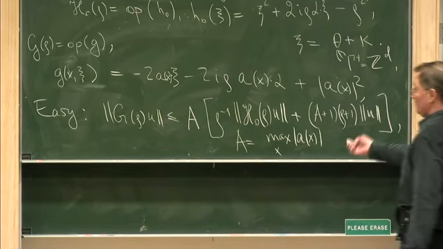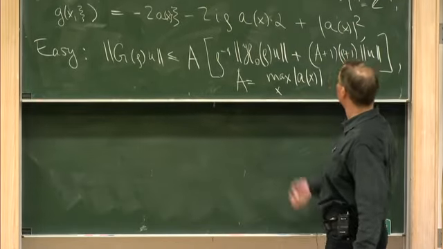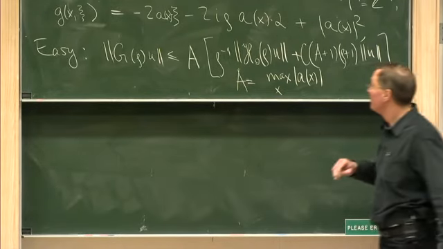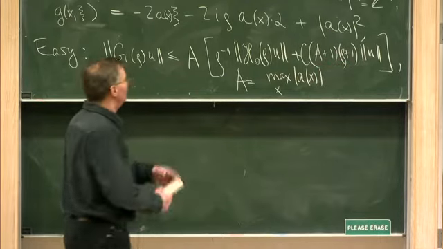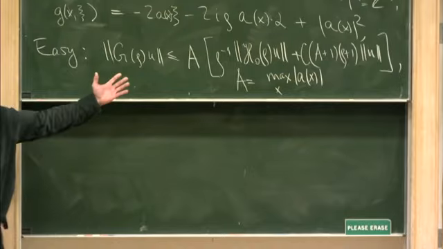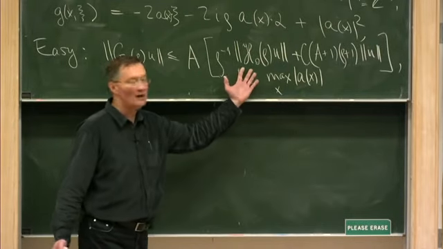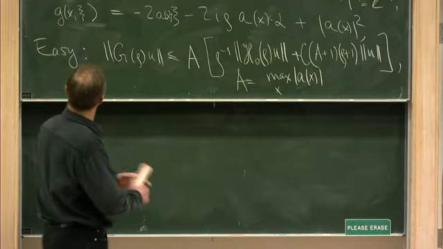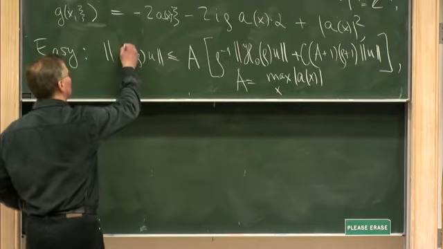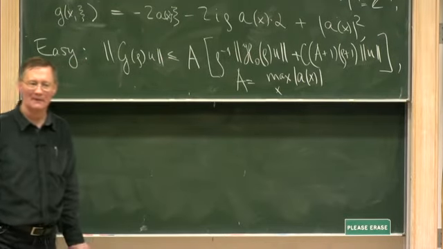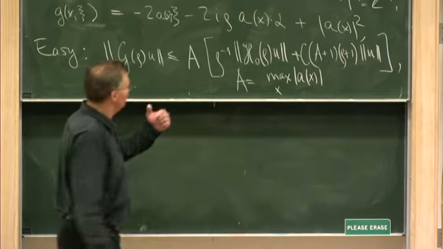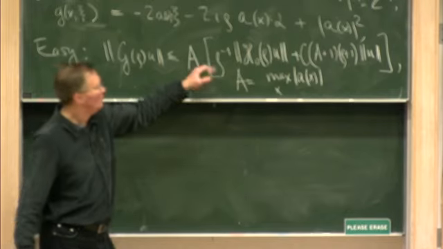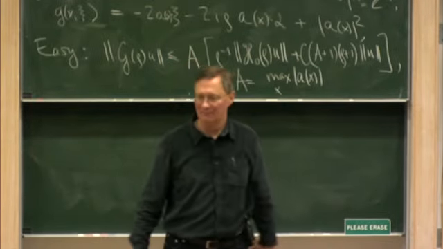So this estimate shows, and of course there must be some constant here as well, that this operator, as we expected, is infinitesimally bounded by H naught. That is the calligraphic G. What is also useful is that this A is here. So if we take a very small a, the overall thing is going to be small.